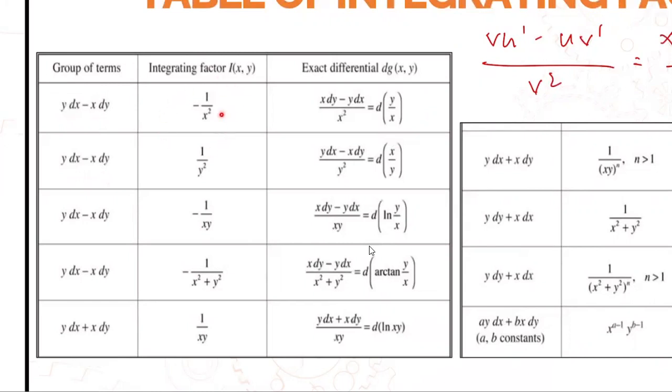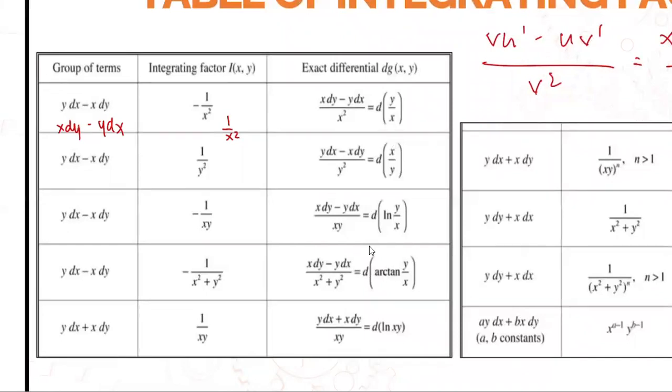So, pwedeng gamitin natin. Ibig sabihin, yung sa first table natin, pwede din ito maging x dy minus y dx, pero integrating factor niya will be times by negative. So, 1 over x squared na lang to yung integrating factor natin, para magkameron tayo ng y over x.